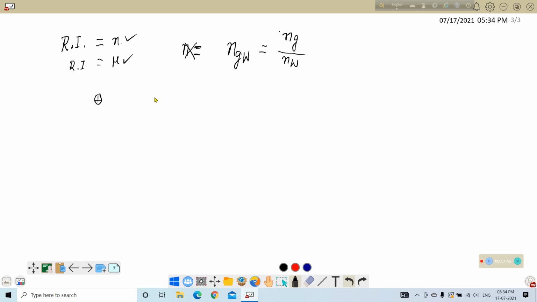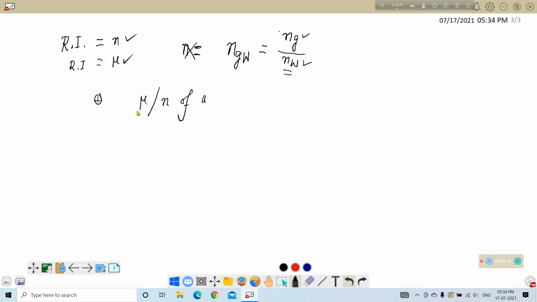There is another definition for Ri, mu or n, the absolute value of mu or n. This is the relative value: when the value of one quantity is determined with respect to another quantity, that is the relative value.